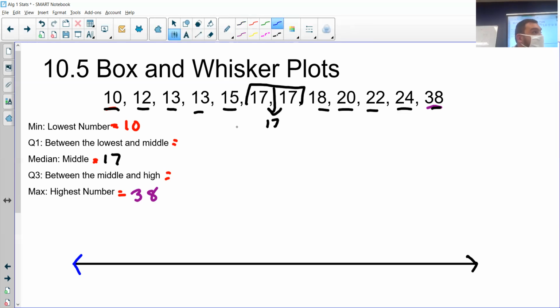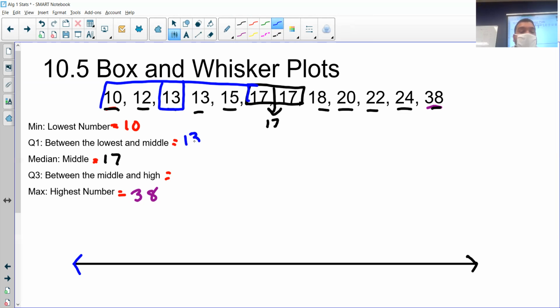Now, to find Q1, because this box right here makes up the middle numbers, we're not going to count that. We're going to find the middle between here and here, between 10 and 15, because we're taking the middle of the first half, essentially. And what's the middle in this one? 13.